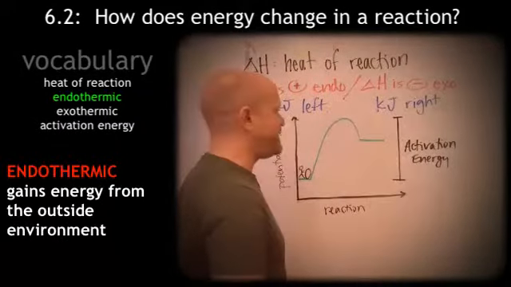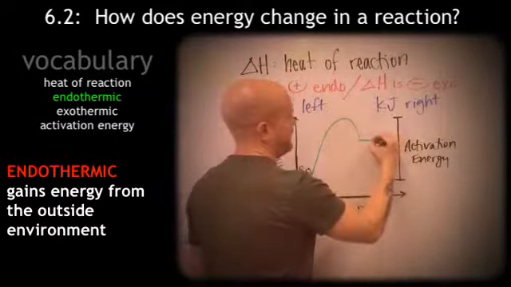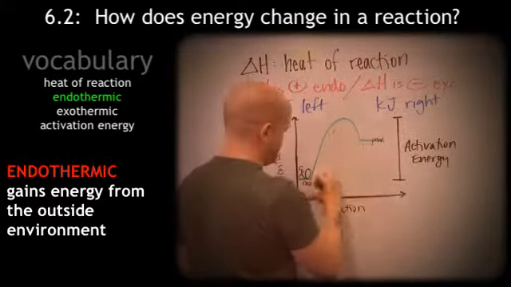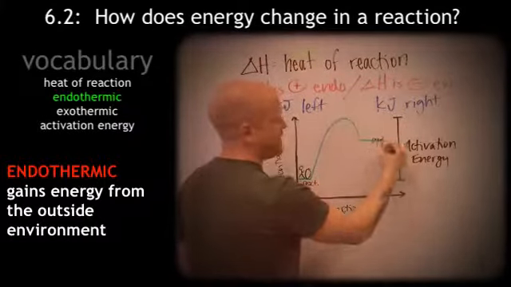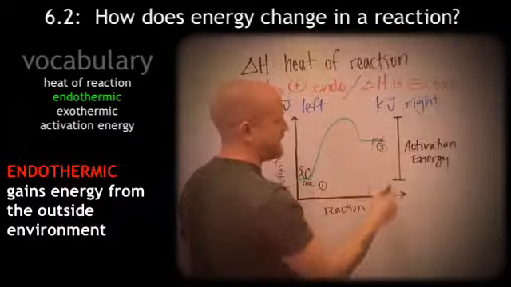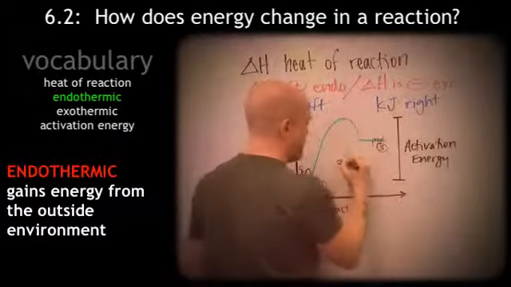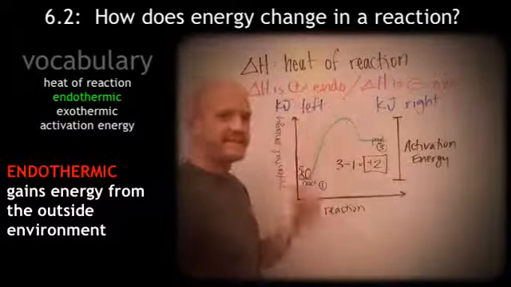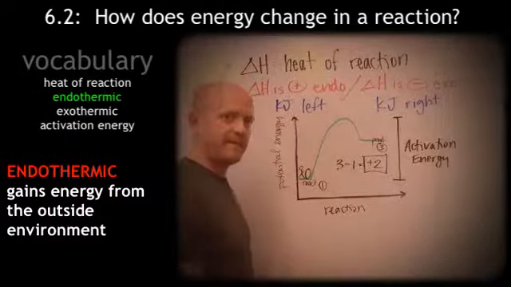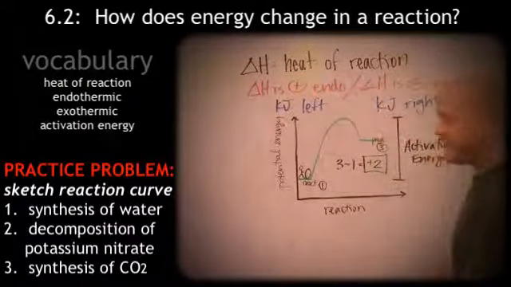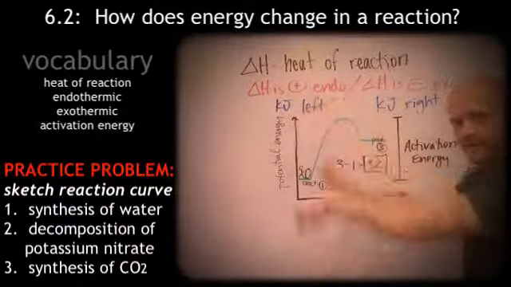Now with the activation energy, let's just say that the products, the reactants, let's just say this is a 3 and this is a 1. So we're going to take the products minus the reactants, or 3 minus 1 equals positive 2. Since it is positive, this is endothermic. This is all you need to know, but pay attention because you're going to do your practice problems.